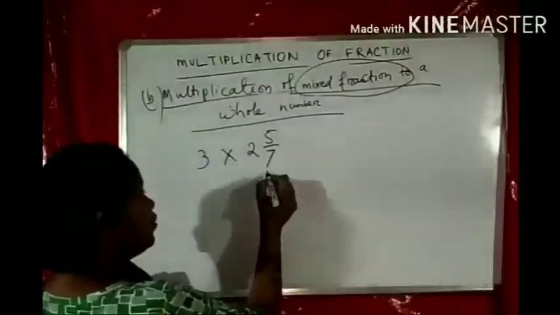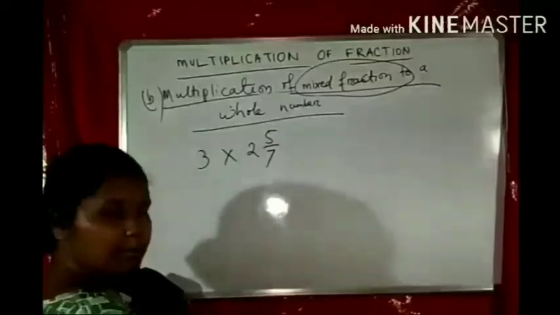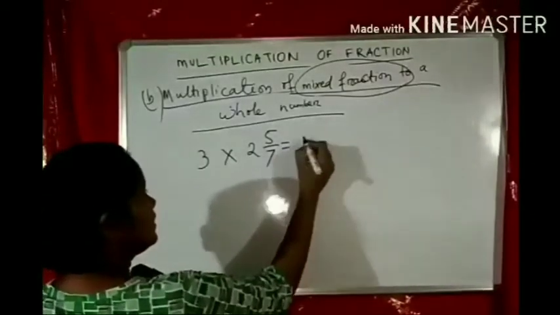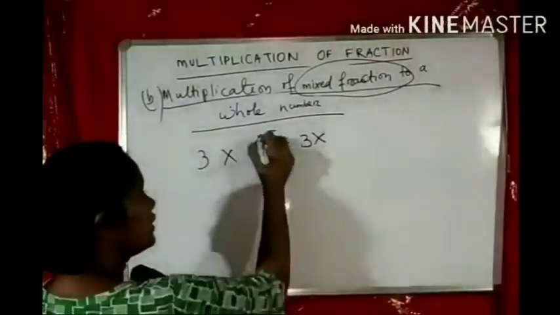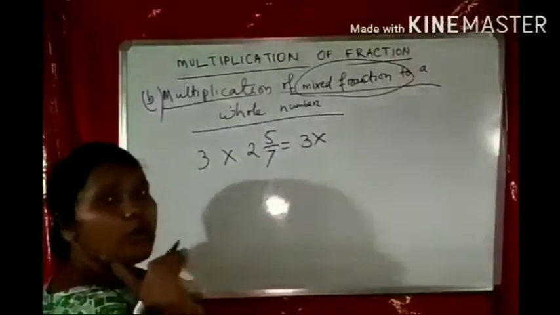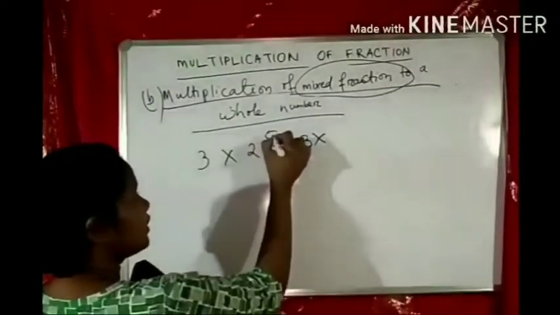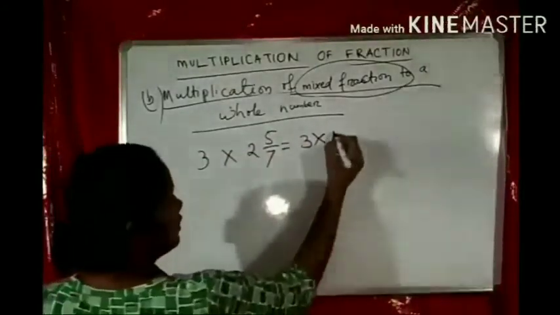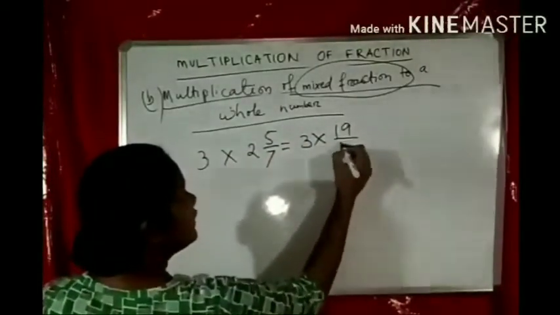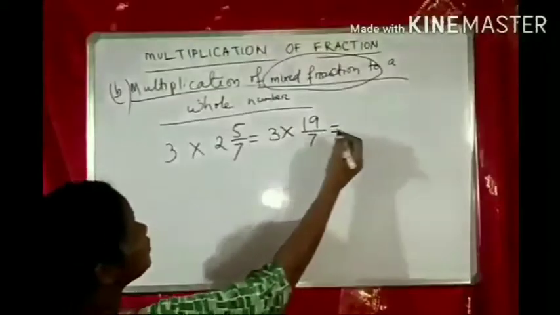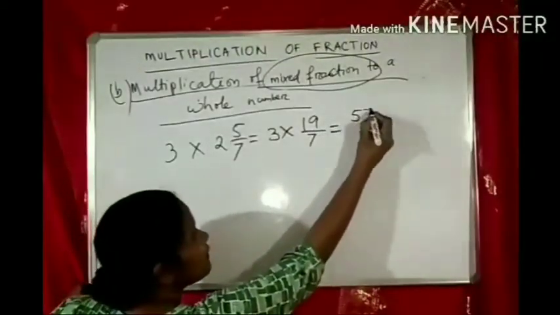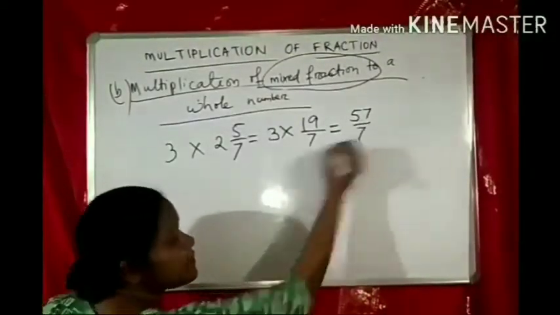Here 2 and 5 by 7 is the mixed fraction. So now convert this mixed fraction into an improper fraction. 7 twos are 14, 14 plus 5, 19. So 19 by 7. 19 into 3 equals 57 by 7.